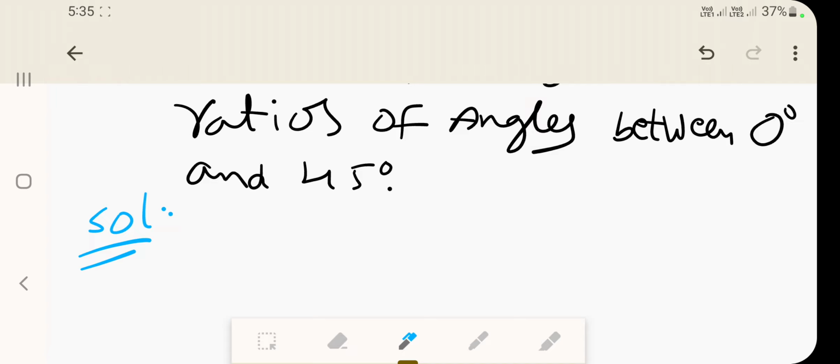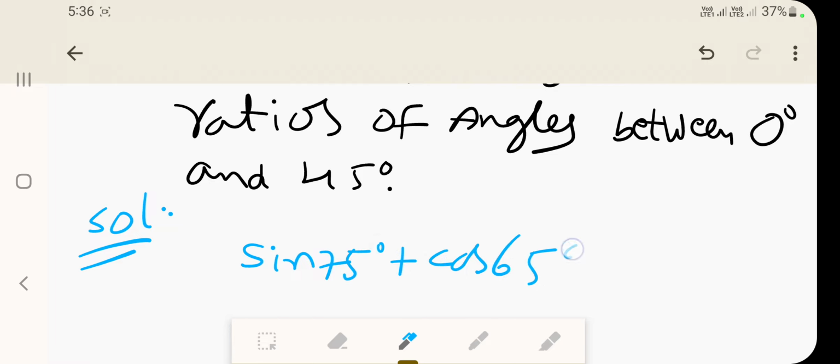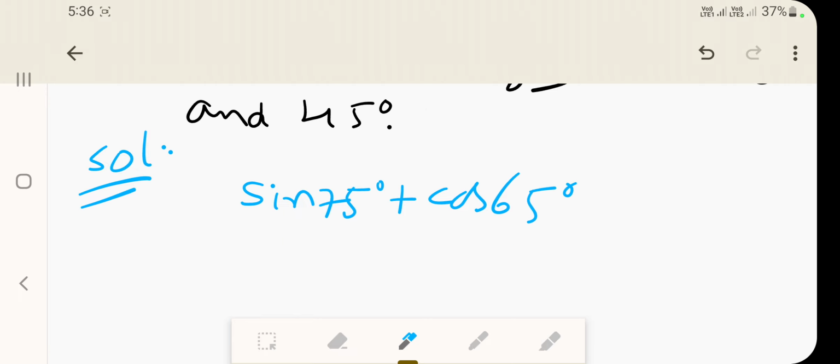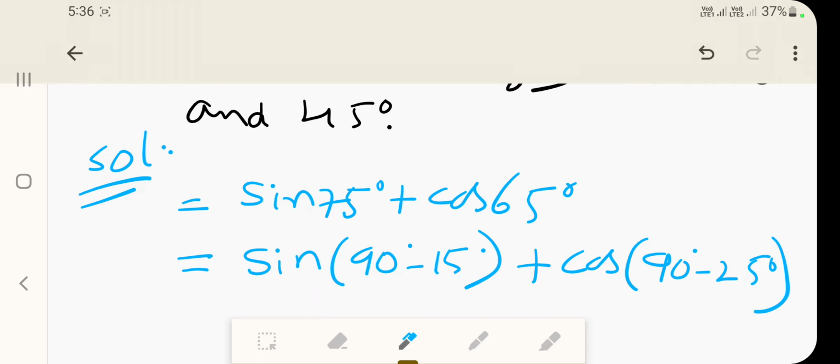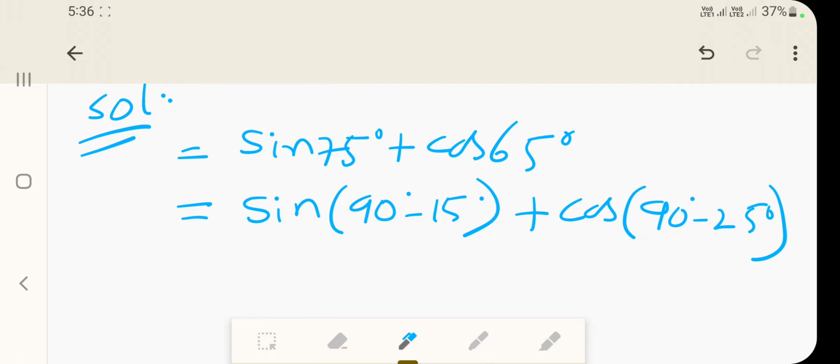So we can write here sin 75 plus cos 65. This is equal to sin 75, we can write as sin (90 minus 15) degrees, and cos 65 we can write as cos (90 minus 25) degrees. 90 minus 25 is 65, 90 minus 15 is 75.